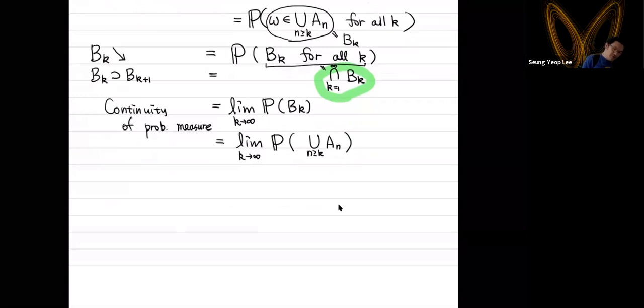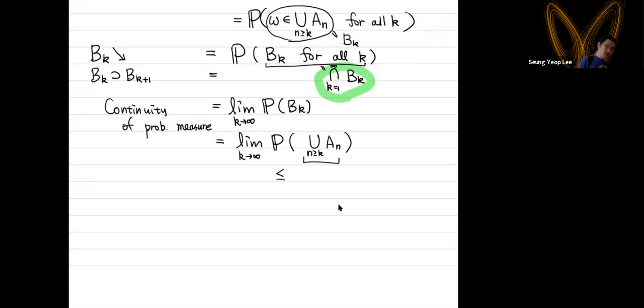And the probability of a union of events is of course smaller than the summation of the probabilities of each event, because some events may overlap, and the overlap is double counted in the summation.